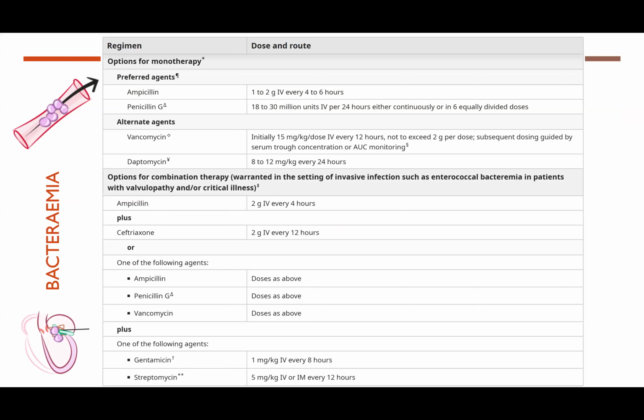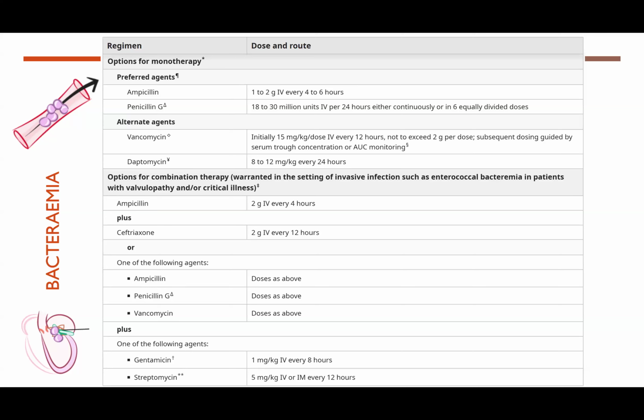But a newer regimen, the combination of ampicillin and ceftriaxone, has yielded clinical cure rates that seem quite equivalent to ampicillin and gentamicin for faecalis endocarditis, regardless of whether the isolates expressed high-level aminoglycoside resistance. The combination of ampicillin and ceftriaxone is favored by quite a few, mostly because it avoids the toxicity that comes with aminoglycoside use.